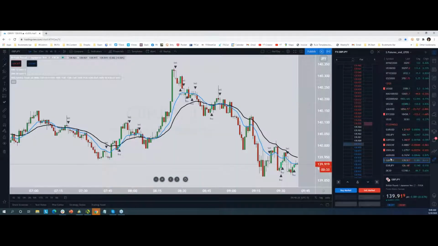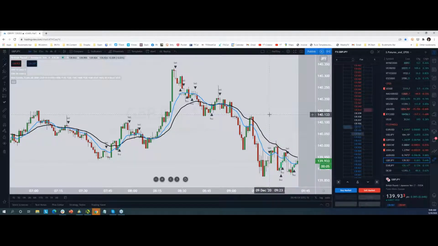Pound yen is notoriously volatile, right? So if you're looking at pound yen, you could take this signal. The thing to realize with pound yen is that even if you get the signal, you're going to get stopped out a lot. But if I'm trading this theoretically, I'd be short around 89, and my stop would be the swing high here at around 13.